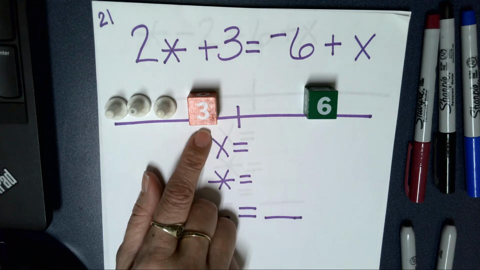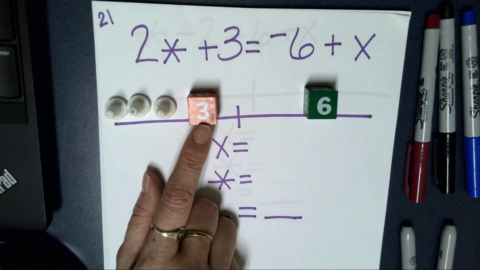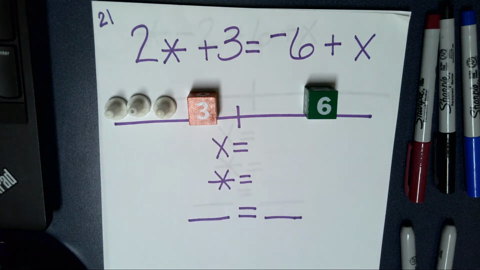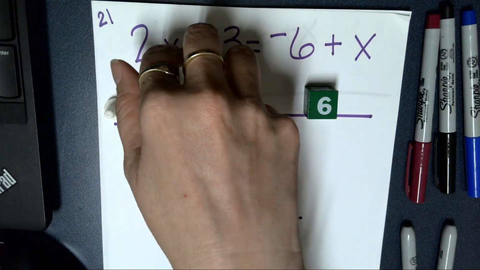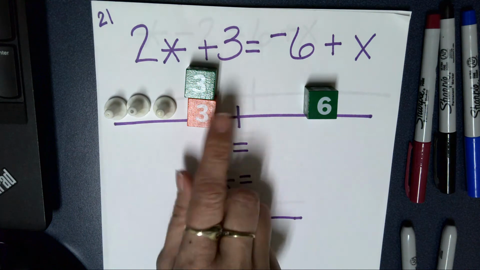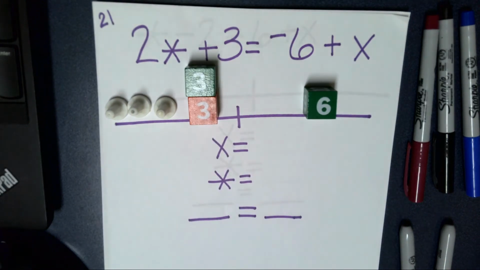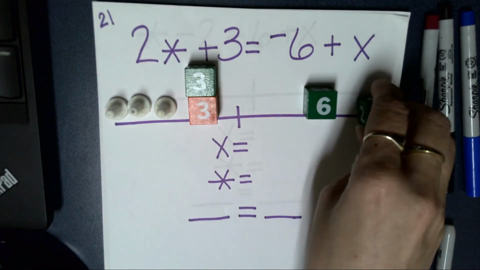And the first thing I think of is 0 pairs. So I want to make a 0 pair on this side. So if I have a positive 3, what do I need to add to it? And that's going to be the opposite of 3. Well, if I add the opposite of 3 to the left side, I also have to do that to the right side.